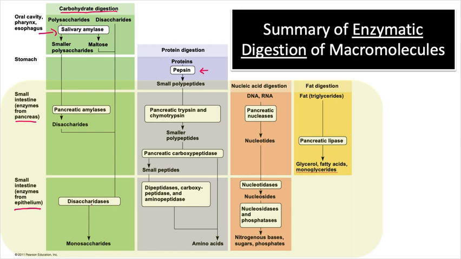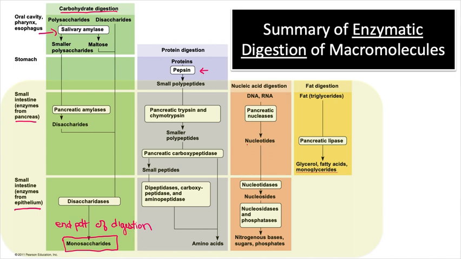So if you see the word disaccharidase, that means it's an enzyme that breaks down disaccharides, and amylases break down polysaccharides. All right, so when we're done with carbs in the small intestine, monosaccharides are the end product of digestion. And then those monosaccharides will get absorbed into the bloodstream. So I'm going to square all of our end products of digestion.